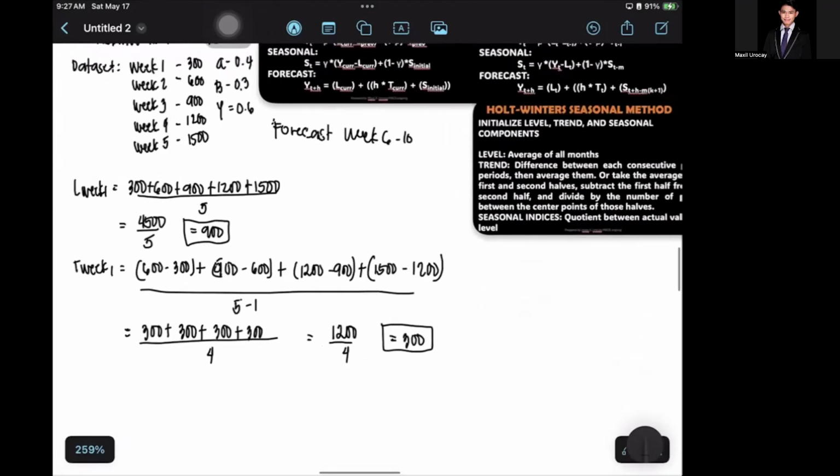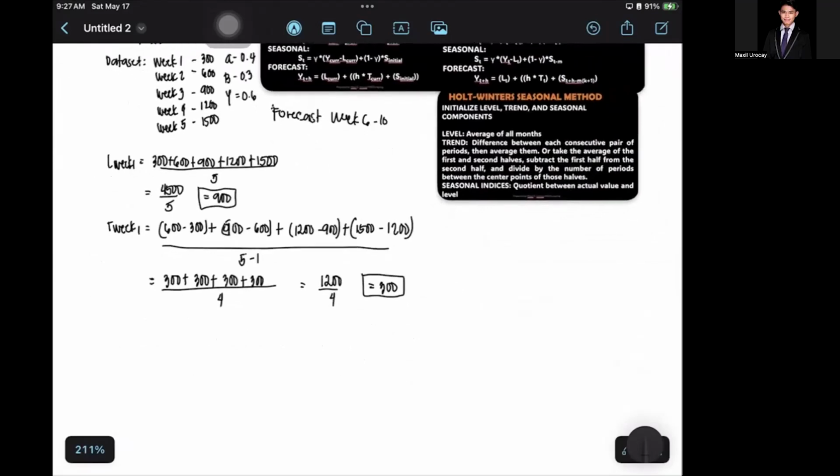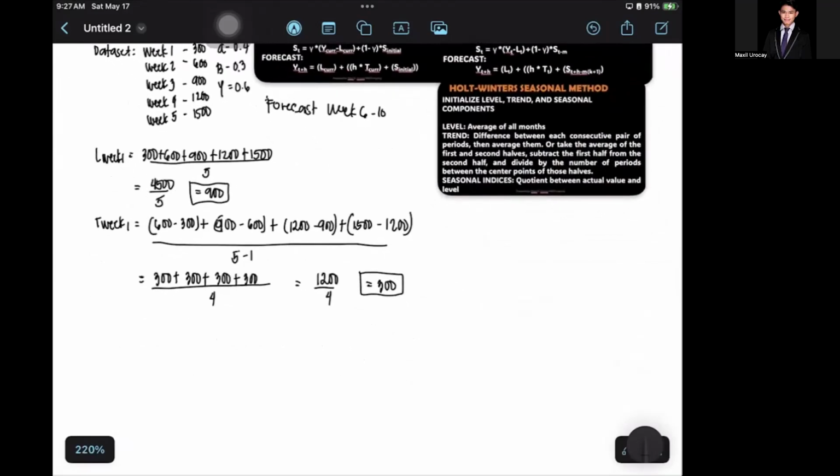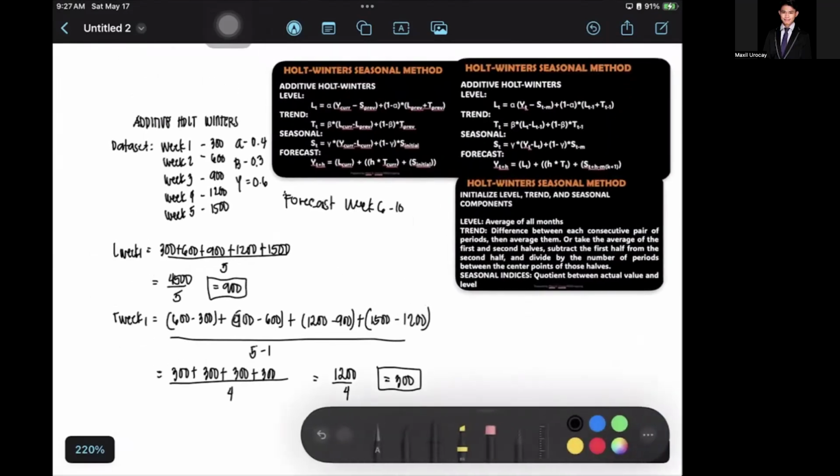And for the seasonality, we will initialize each of these because the seasonal indices are the quotient between actual value and level. When we say quotient, that is for the, what do you call this one? Since we're doing the additive, that is the deduction supposedly.